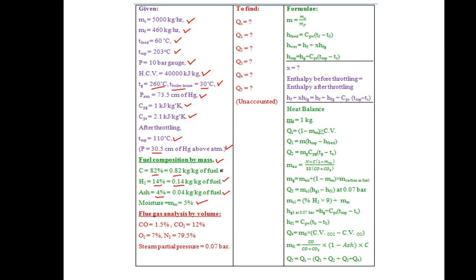So this information up till now is given on the basis of dry coal. This is the analysis of dry coal, and when it is wet, it contains 5% of moisture.